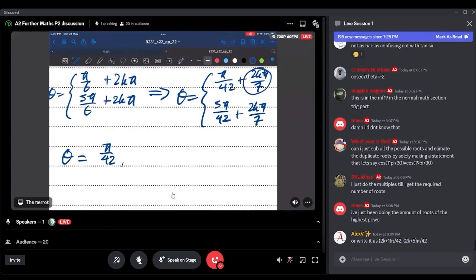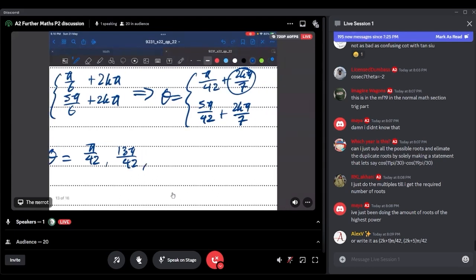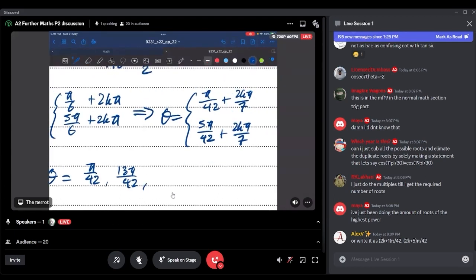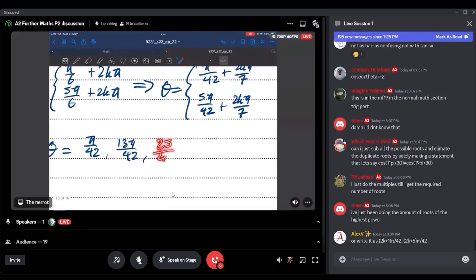That's 13 pi over 42. When you let k become 4, you get 25 over 42 pi, which you do not want because it's already over the pi over 2 line.